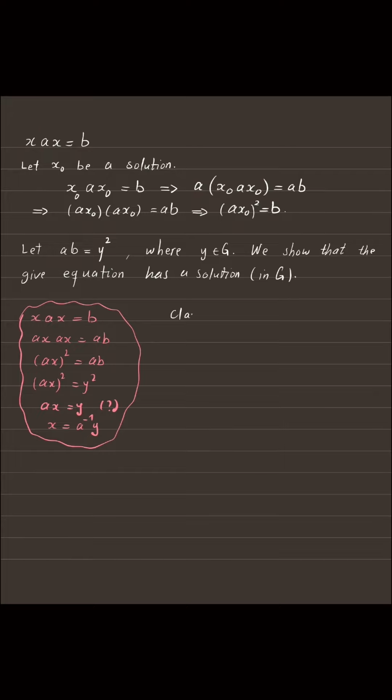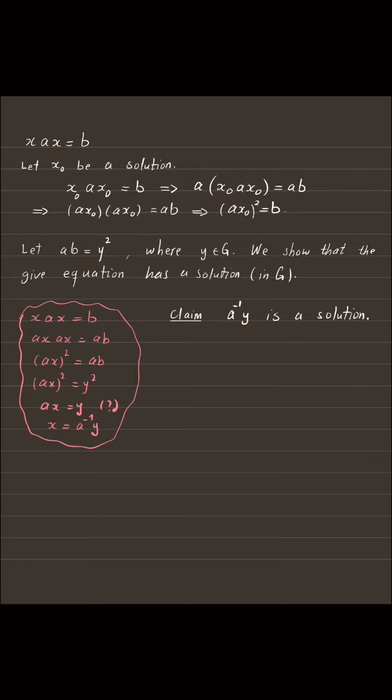Claim: a inverse y is a solution. So if ab is the square of an element, say y, we are claiming that this a inverse multiplied by that y will be a solution. And then it becomes very easy, because we just need to show that if I replace x in my equation with a inverse y, it works.